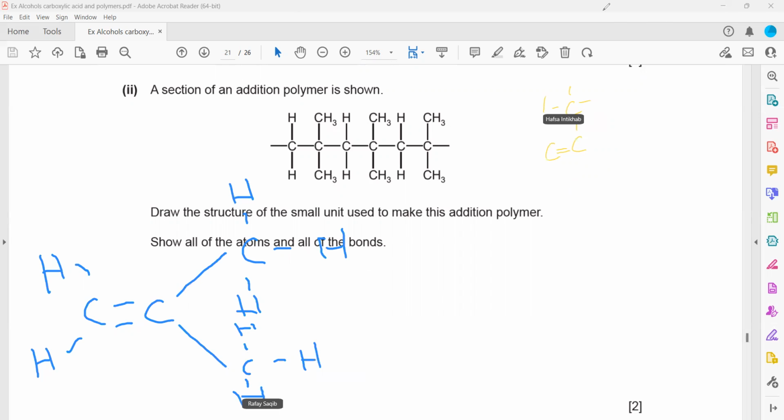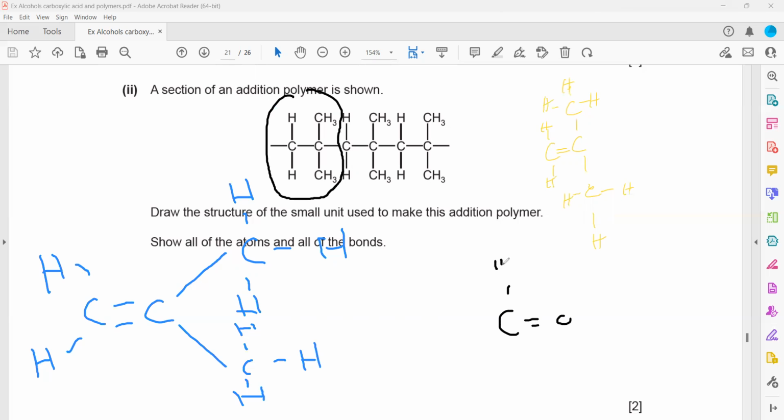Usually when they ask for a structure, they ask to show all the atoms and all the bonds. So you just take any one unit out of it, and draw a double bond. This will have hydrogen, hydrogen. This will have carbon and then 3 hydrogens, and this will have carbon and 3 hydrogens. That's it.